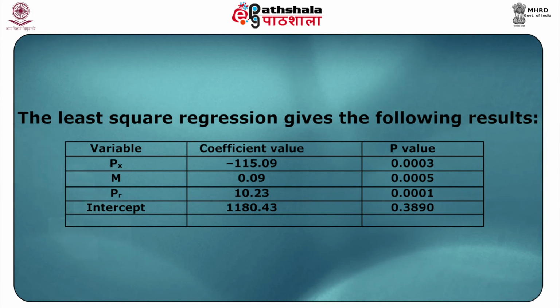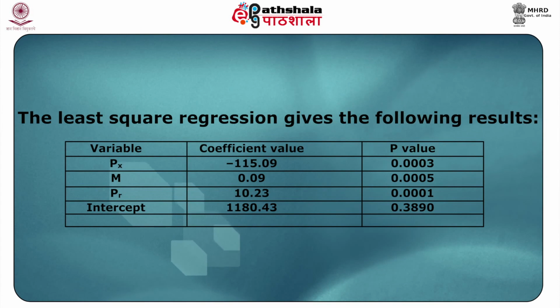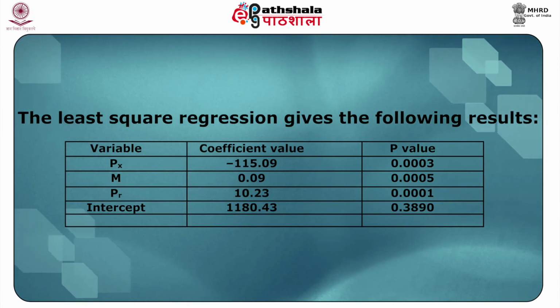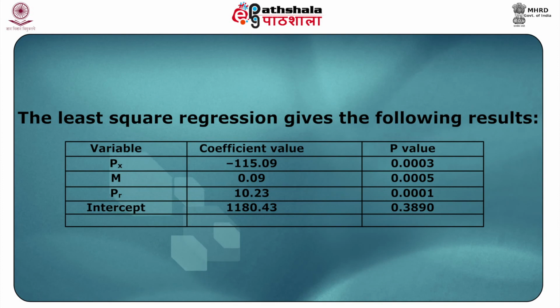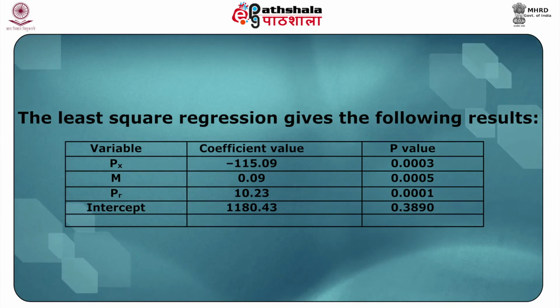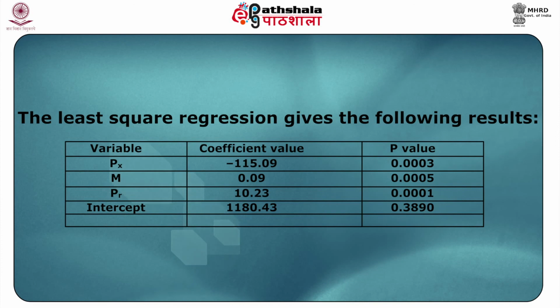Intercept 1180.43 and p-value is 0.3890. All the 3 parameters are tested for statistical significance at 5% level of significance with the degree of freedom 9, n minus k is equal to 12 minus 3.